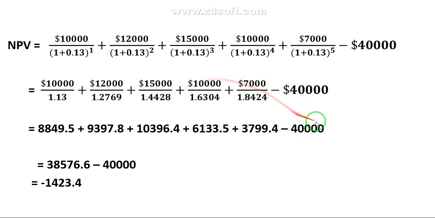Right. So now, minus 40,000: first we will go for the plussing of the values, and then at the end we will minus it.